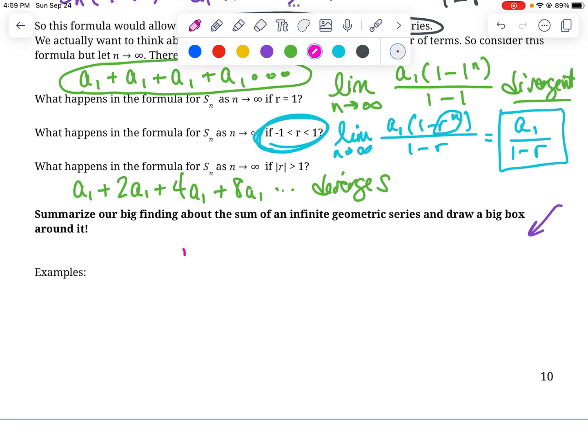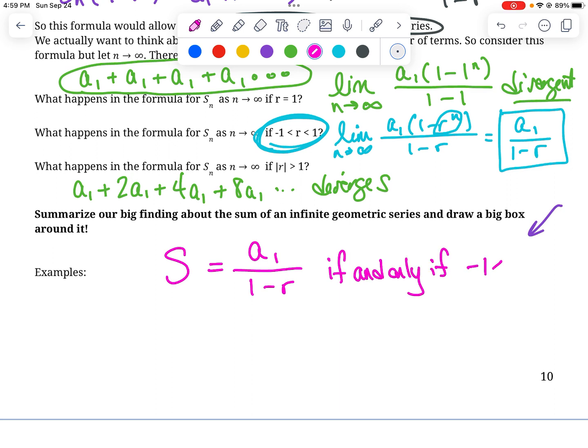Our sum of an infinite geometric series is found by a sub 1 over 1 minus r if and only if our ratio is between -1 and 1. Otherwise, we will have something that diverges.